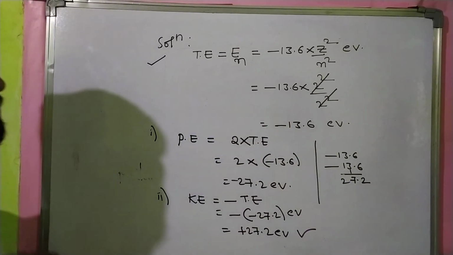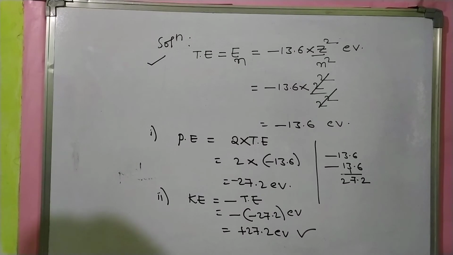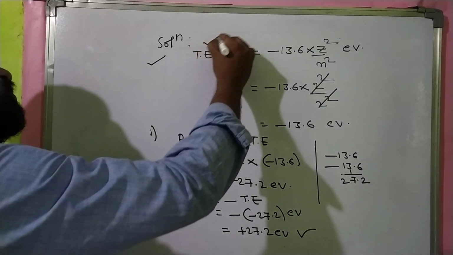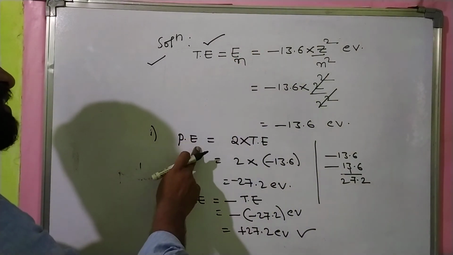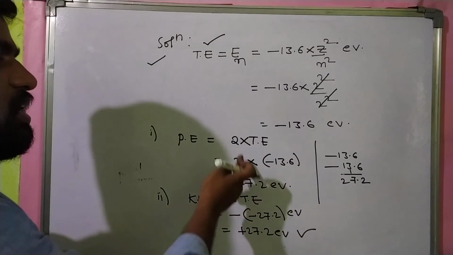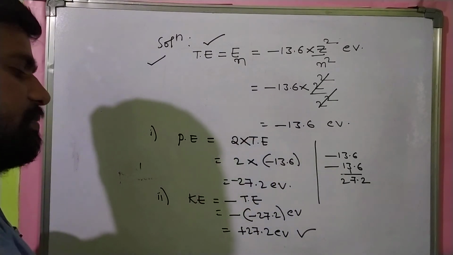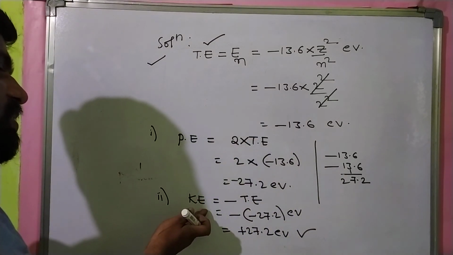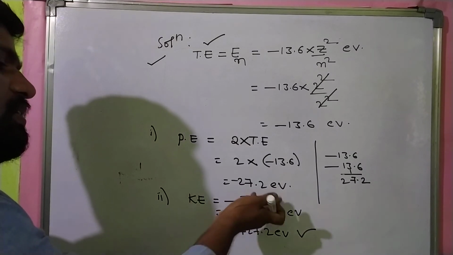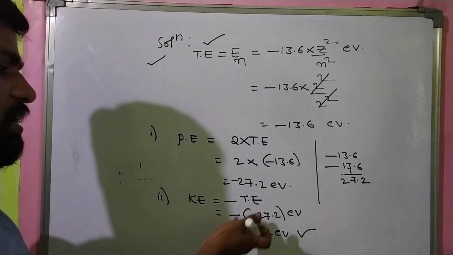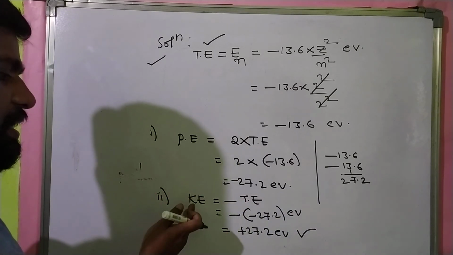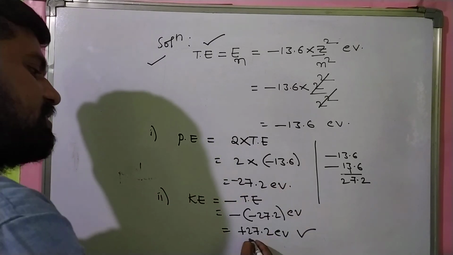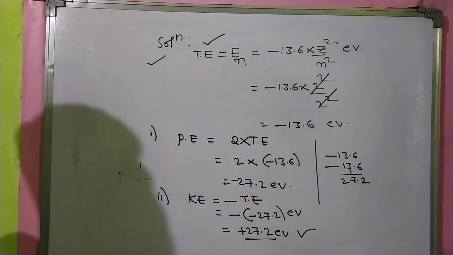So this is the problem. So very important. Please check once. First of all, you should find total energy by using this value. Potential energy equal to 2 into total energy means double the total energy, and kinetic energy equal to negative sign of the total energy, or total energy equal to minus K, or K equal to minus T. So this is very important.